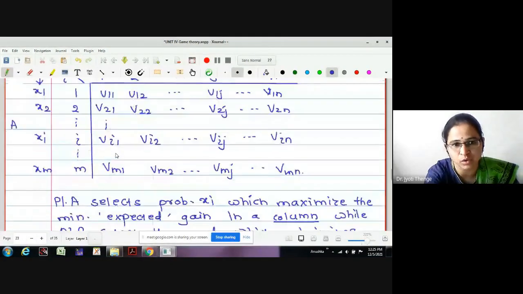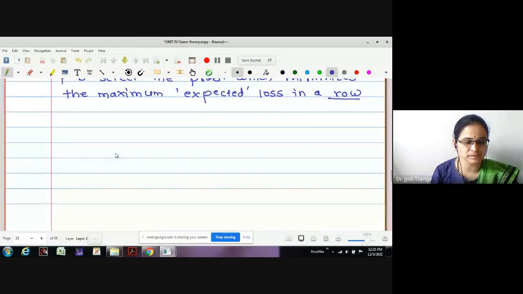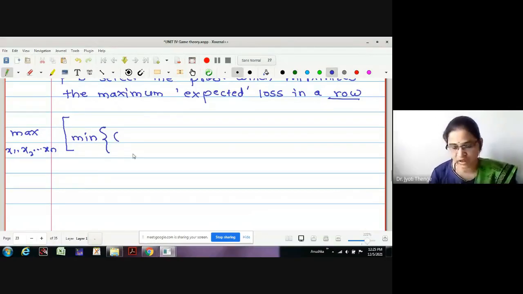in order to find out the expected losses, right? Therefore, what I will do first, I will write maximum over x1 to xm, correct? Of the minimized expected gain. What is the expected gain using a column? Can anyone tell me the entries? Column entries v11, v21, vm1, no?